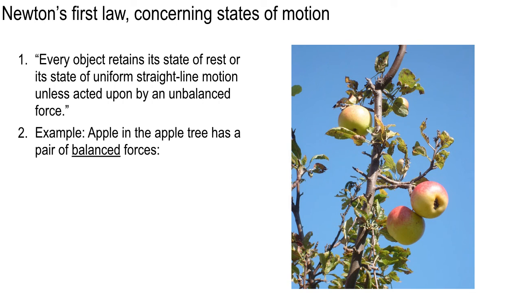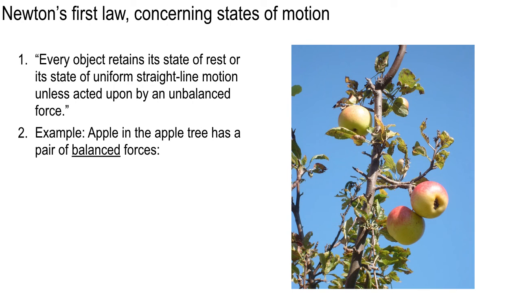Okay, so let's look at the example of an apple and an apple tree. This is going to show the example. You can think about a zillion examples of balanced forces, but this is a pretty good one. And actually, there's a myth about Sir Isaac Newton that he discovered the law of universal gravitation after an apple.